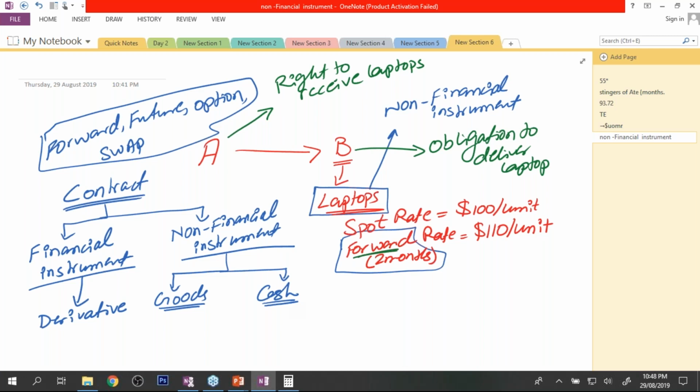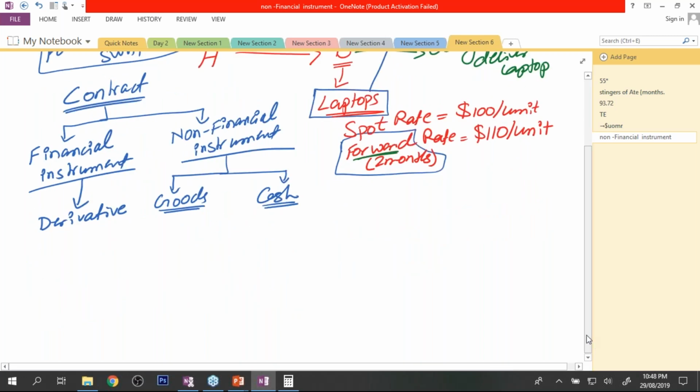So if we are signing a non-financial instrument contract and we are planning to settle that in terms of goods, then we say that it's a non-derivative contract.